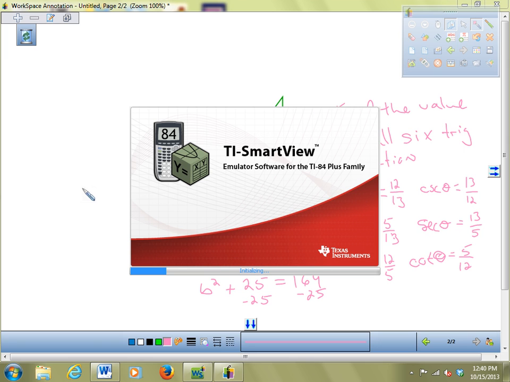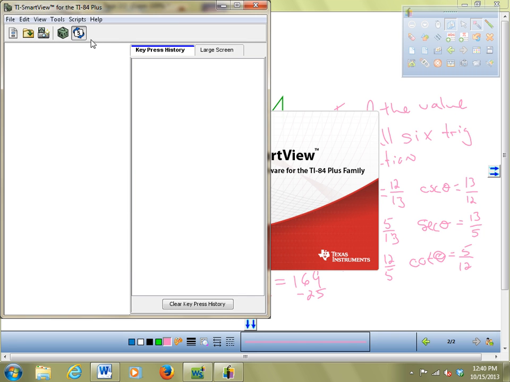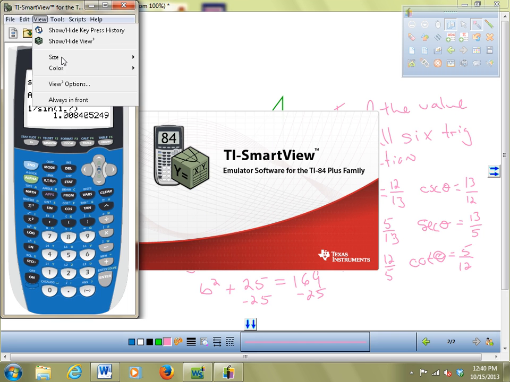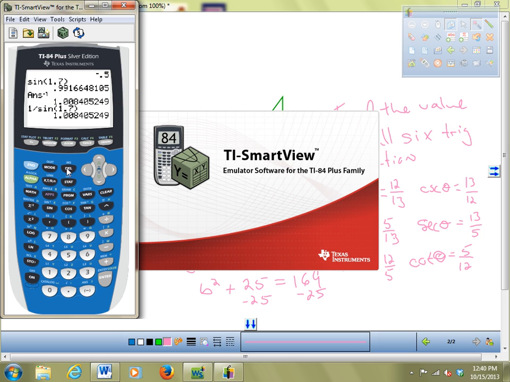So first, if I'm looking at my calculator, I want to go to mode. You have to really be aware of what mode you're in. Most of these problems won't always be in degree mode, but now I'm in degree mode.